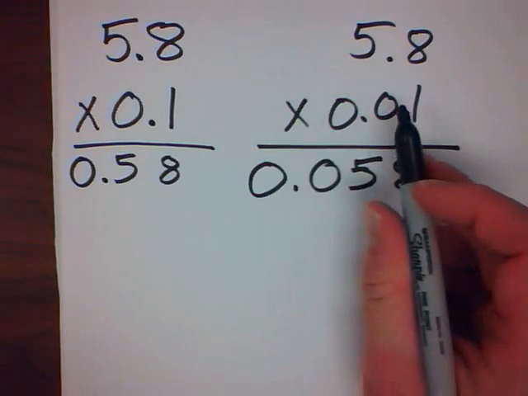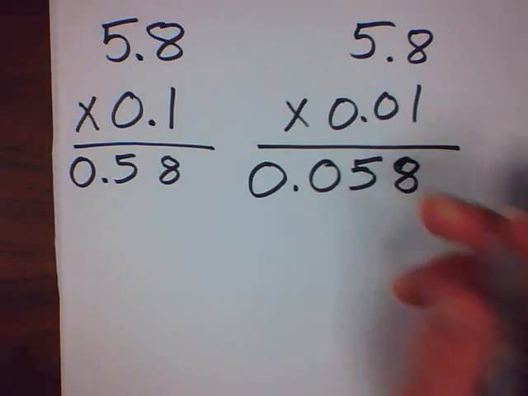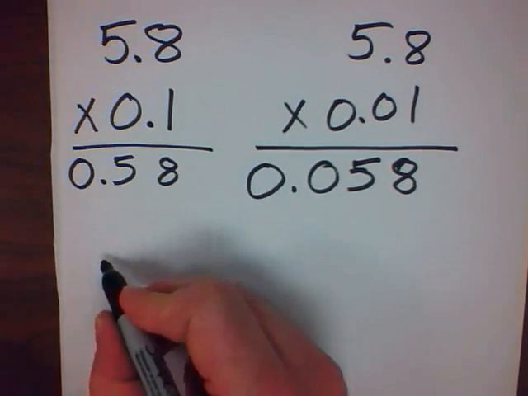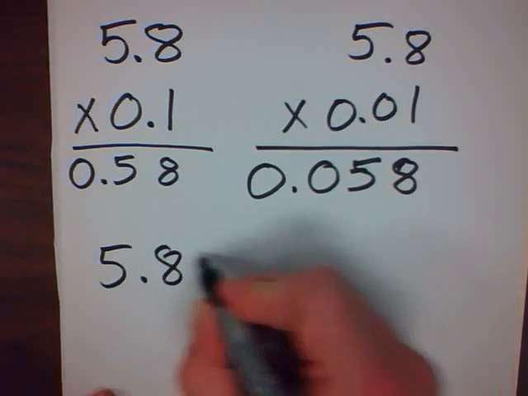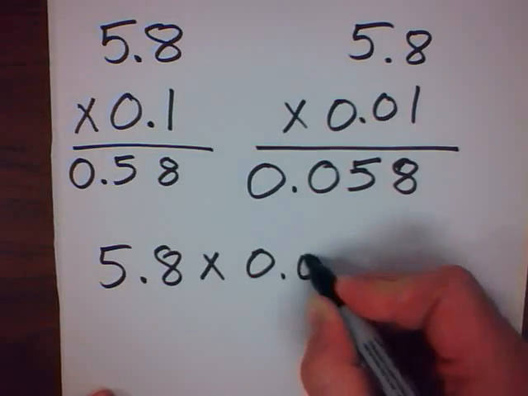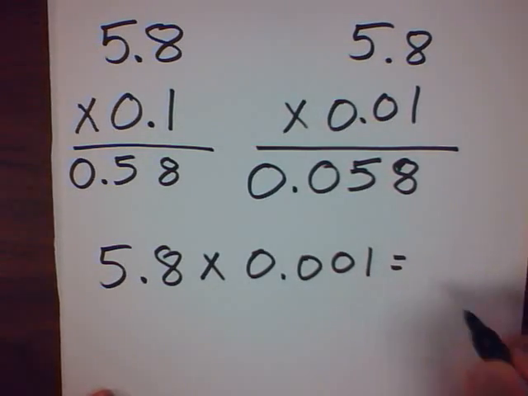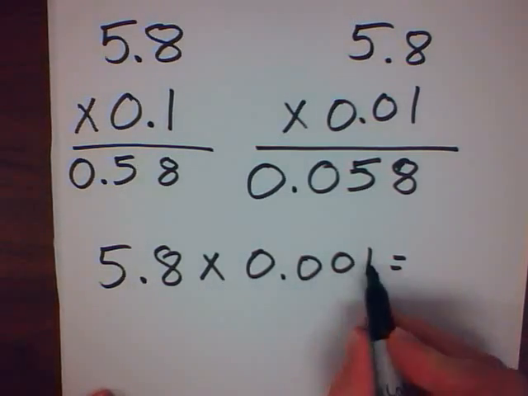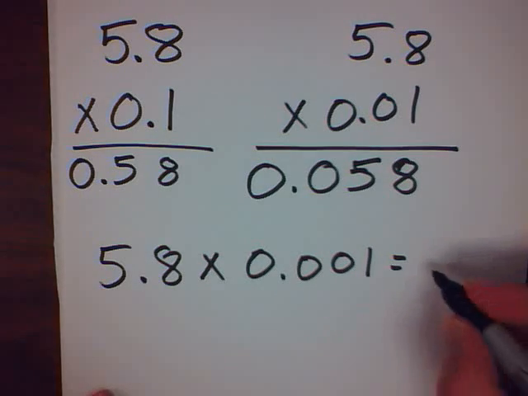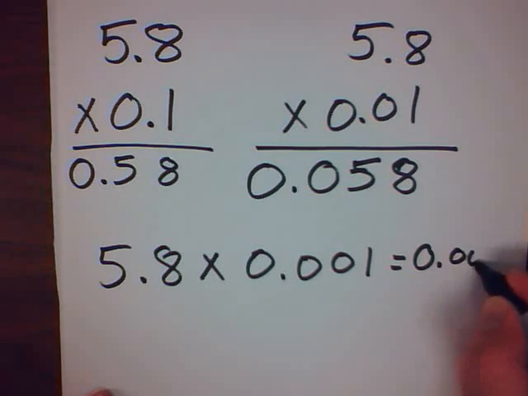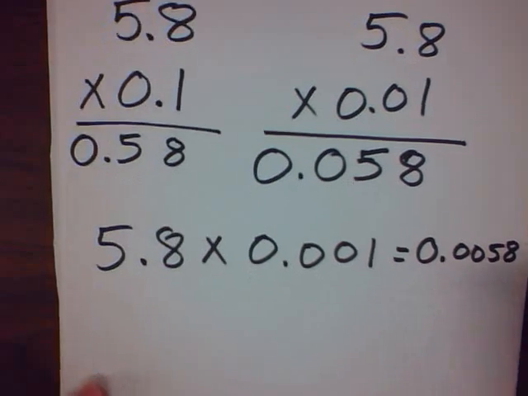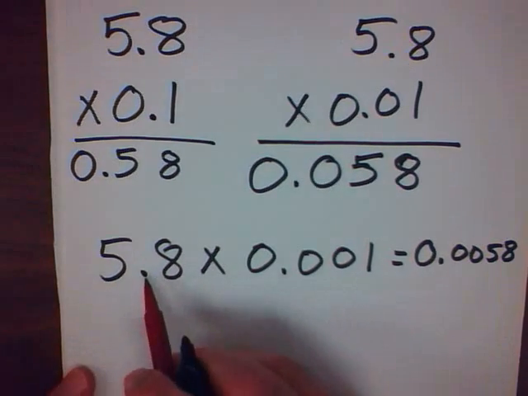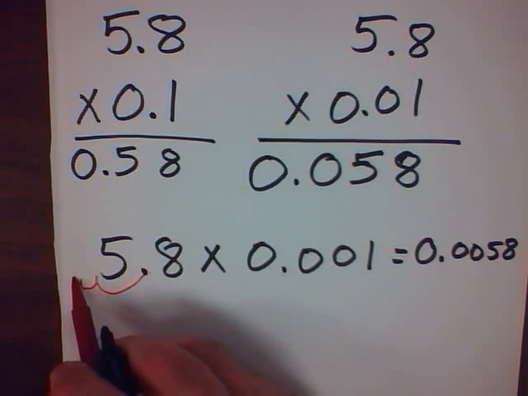Notice the same pattern. I could, again, use the same technique. I'm going to have to move it 1, 2, 3 spaces. This is going to move over 3 spaces. 0, 0, 5, 8. That was 1, 2, 3 spaces.